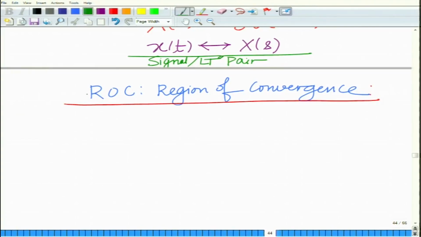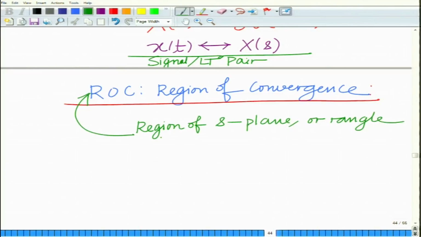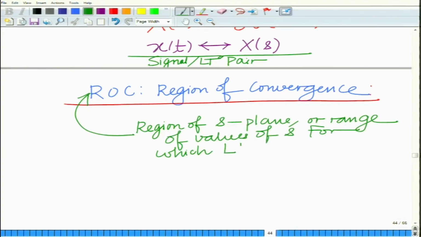This simply describes the region of the s plane, or basically the range of values of s for which the Laplace transform exists, or the Laplace transform integral converges. So, this has to converge.